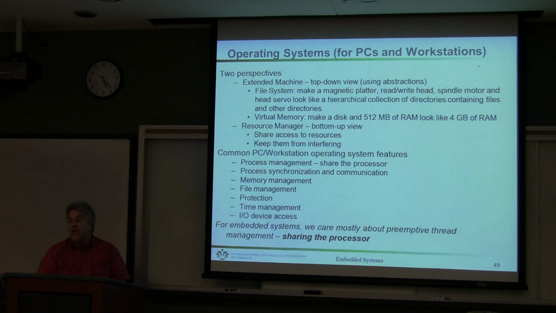And so your operating system will handle everything from the process that is running, synchronization, memory management, because if you have one program running like Microsoft Word, you really don't want it to use the data over here in Microsoft Excel unless you run another process that physically copies from here and pastes to there. But you don't want them working with each other's program or data memory. You also have to worry about time management, I/O devices. In other words, an operating system for a PC and a workstation is rather complex because there's a lot of different things that go on.